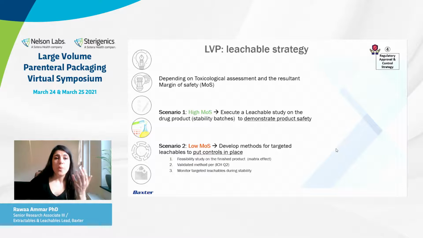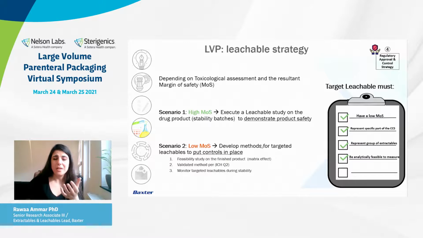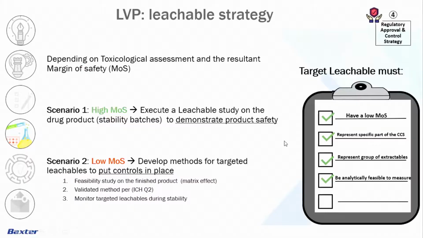What are the requirements that allow us to take an extractable to become a targeted leachable? It's highly recommended that the targeted leachable should first and foremost have a low margin of safety, and represent different parts of the closure system, maybe one targeted leachable representing the primary film, another one the prints, another one the closures, some leachable that can represent a whole family.